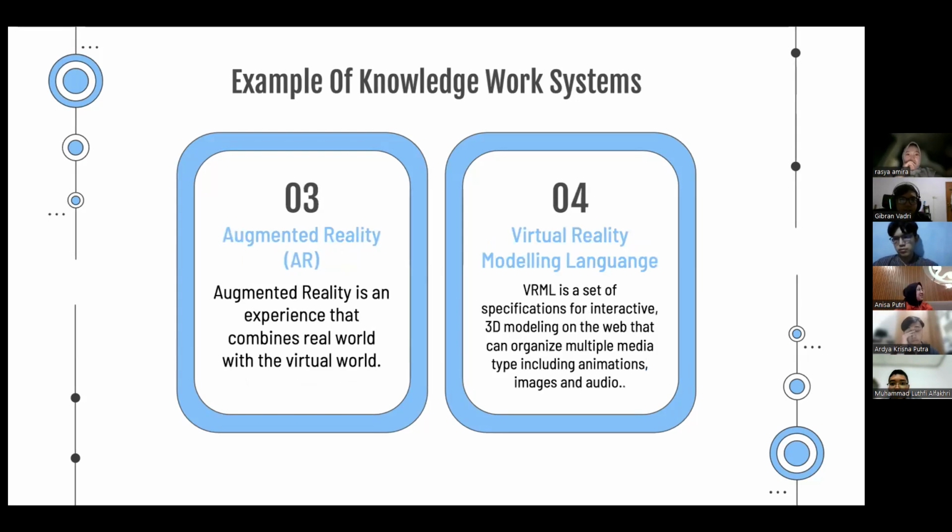Next, we have augmented reality, or simply known as AR. It is an experience that combines the real world with the virtual world. The digital technology, virtual, provides additional information to enhance the perception of reality, making the surrounding real world of the user more interactive and meaningful.